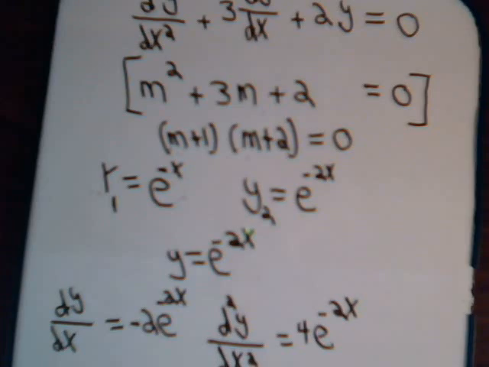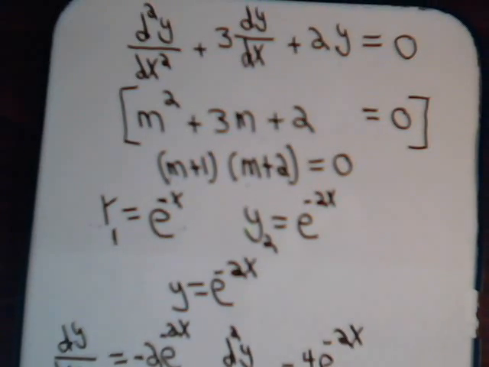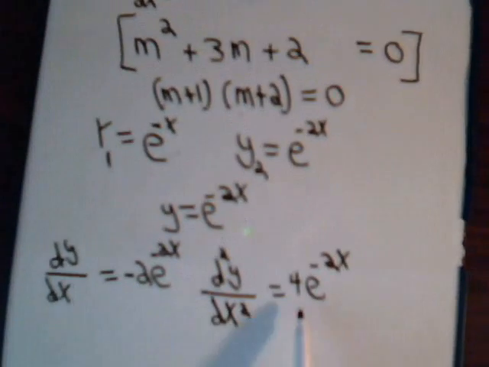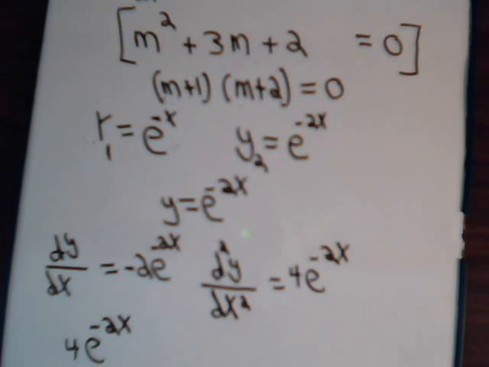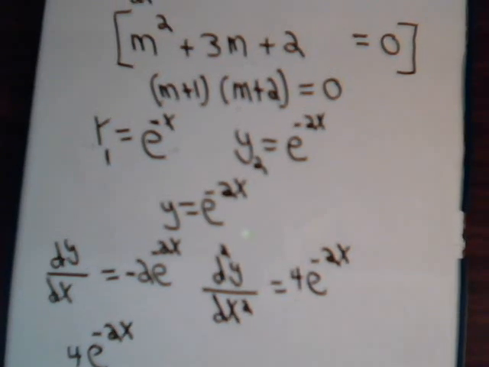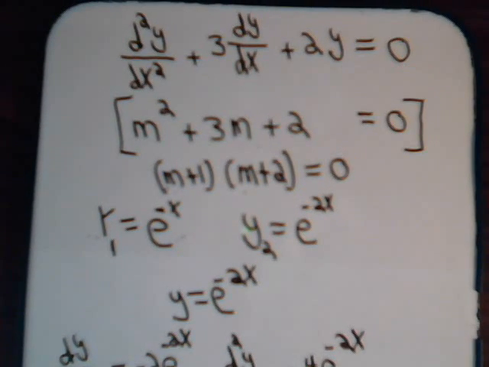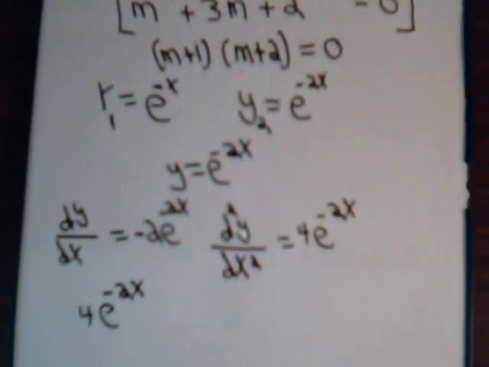Let's plug these into the original equation. We have d squared y dx squared, that's this, 4 e to the minus 2x. And we have 3 times dy dx.